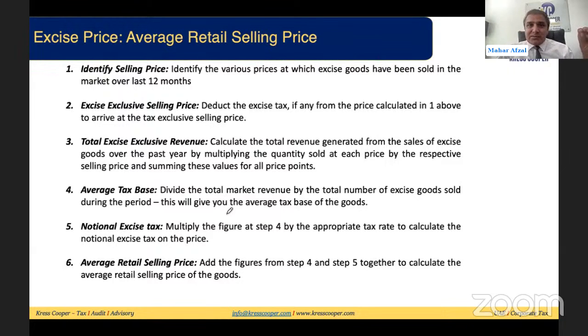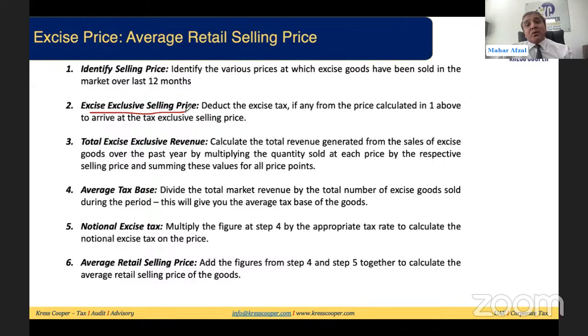Then remove the excise duty out of this. Remaining will be the excise exclusive selling price. Then you need to apply a weighted average, a simple formula: excise exclusive selling price multiplied by number of units, divided by number of units, and you will get one average price. This is called the notional price.